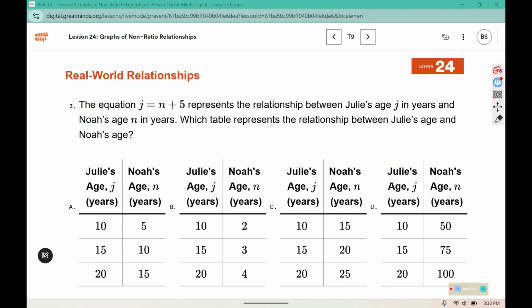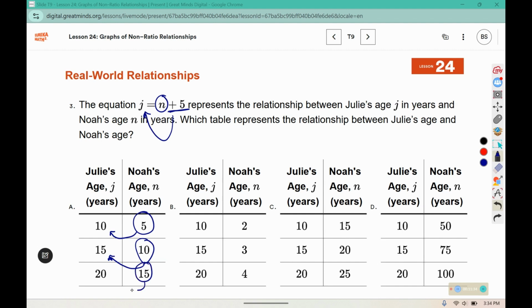The equation J equals n plus 5 represents the relationship between Julie's age in years and Noah's age in years. Which table represents the relationship between Julie's age and Noah's age? Well, we're going to start with n, and we're adding 5 to get J. If I add 5, that gives me 10. If I add 5, that gives me 15.